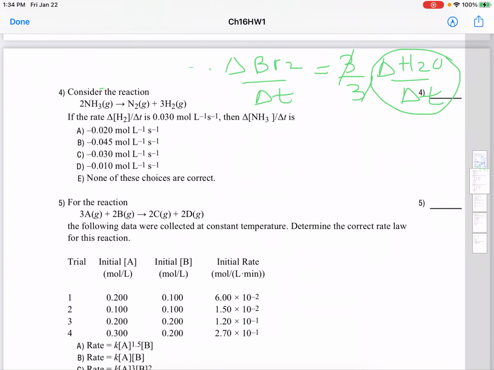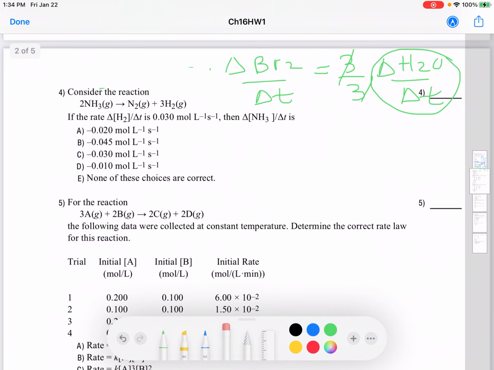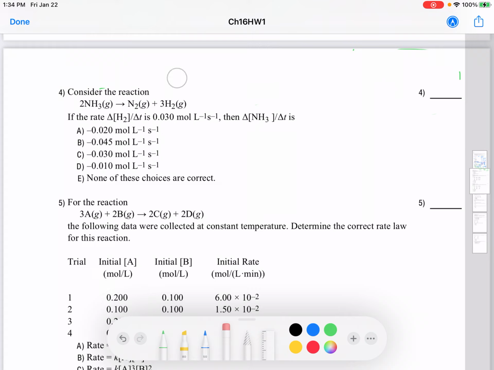Consider the reaction. If the rate delta H2 over delta T is 0.03, then what is delta ammonia over delta T? Similar to what we did before. You guys can do this one without my help, but let's see. If you are comfortable, you don't have to look up at what I'm doing.